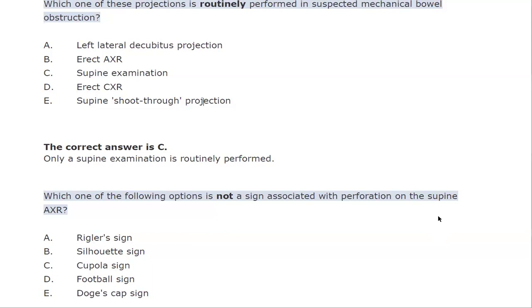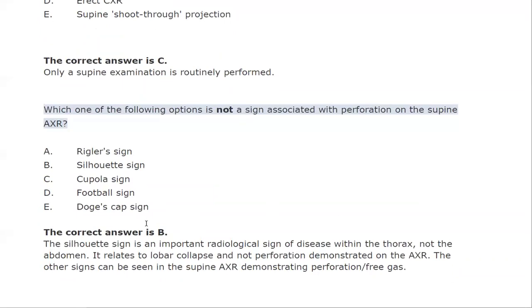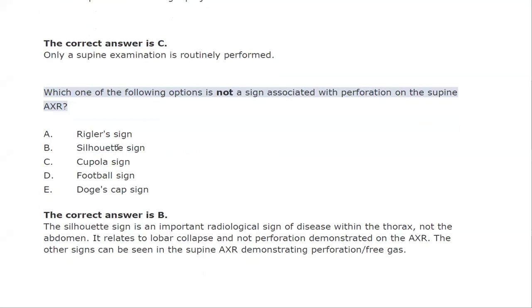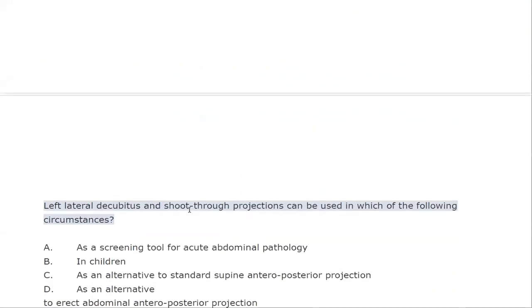Yes. Silhouette sign is used in the abdomen and the thorax for the evaluation of mediastinal lesions, so this is not used in the abdominal radiograph. Rigler sign, coronal diaphragm sign, football sign, and cupola sign: all these are signs that will appear on an abdominal radiograph. Okay, very good.